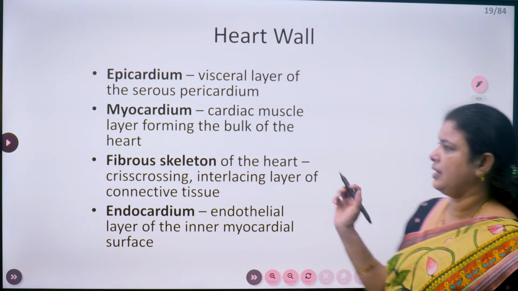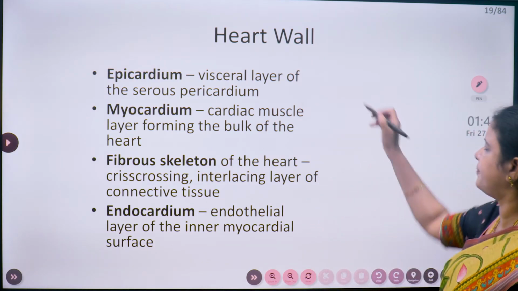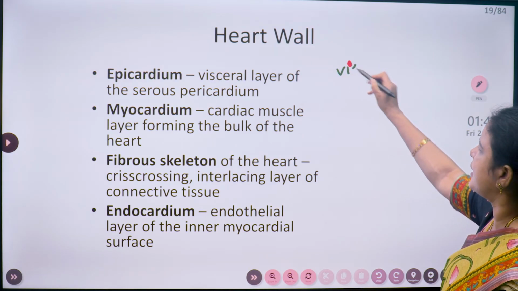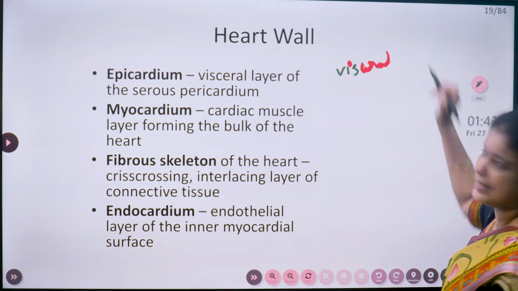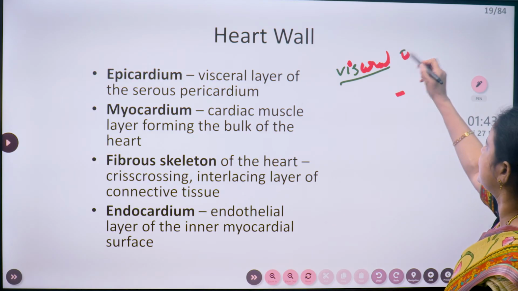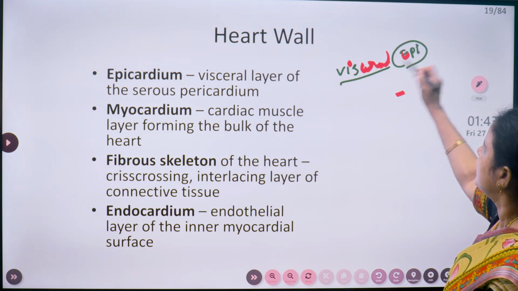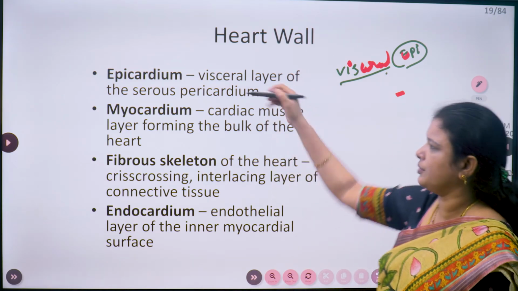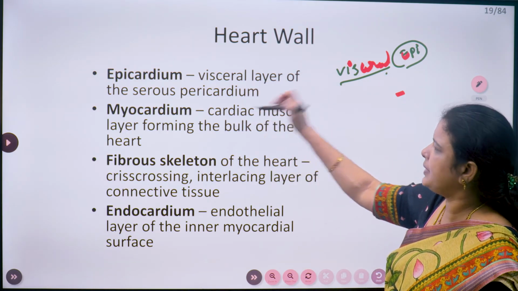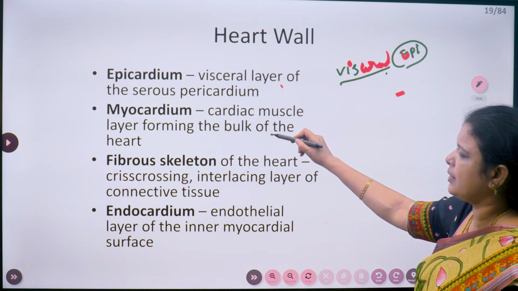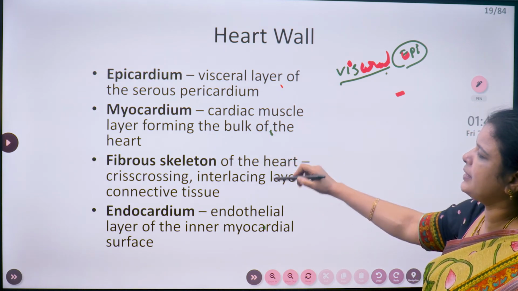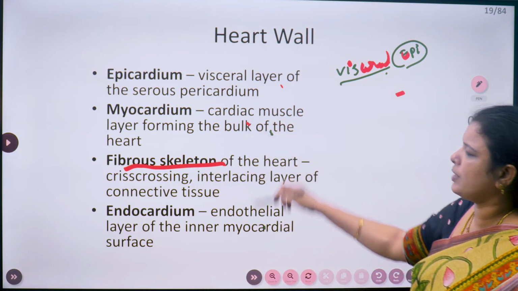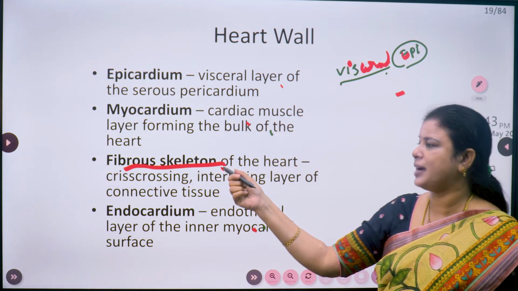The heart wall starts from the visceral layer of the pericardium, which means the epicardium. Then come the myocardium and the endocardium. Between the myocardium and the endocardium we have the fibrous skeleton.